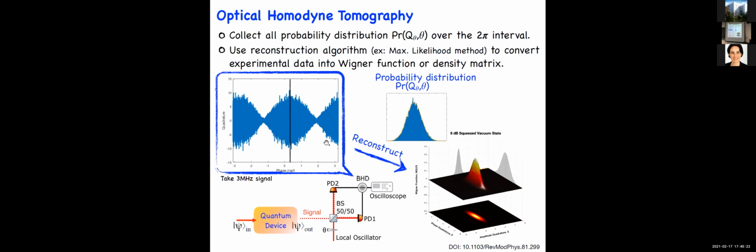So we can use a reconstruction method to convert the experiment data to the Wigner function like this. If we collect all the population distribution over the 2 pi interval, we can get this Wigner function.